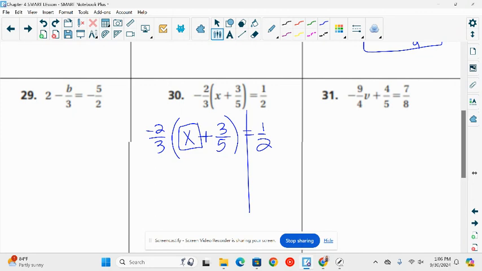What do I have to move first? The negative 2/3. What operation is the negative 2/3 doing right now? Multiplication. So the opposite of multiplication is going to be division. So we're going to move this negative 2/3 to the other side using division. So 1/2 divided by negative 2/3.